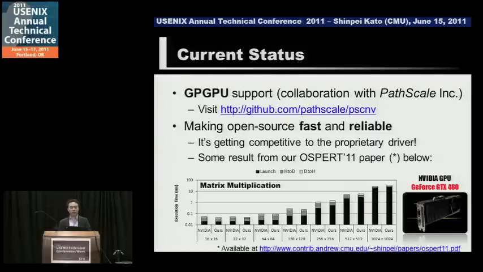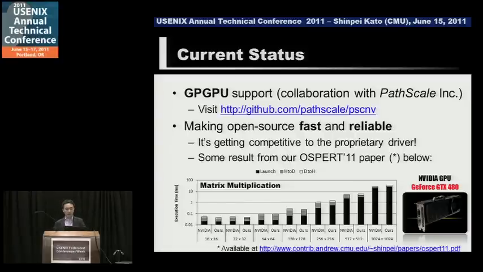We're also trying to make open source fast and reliable, which means we are happy to announce that our open source driver is getting very competitive with the proprietary driver from NVIDIA, which is closed source. Some results you can see from our OSPAT paper, which will appear in the next months. This is a simple preliminary evaluation for matrix multiplication.